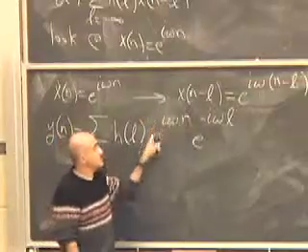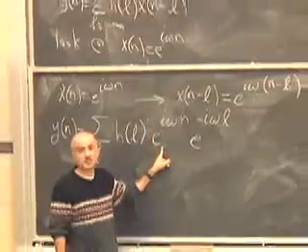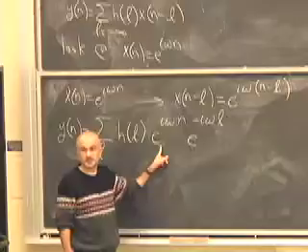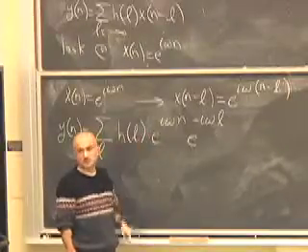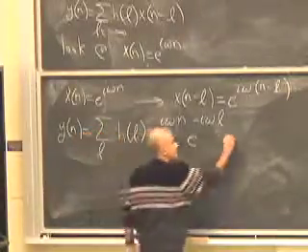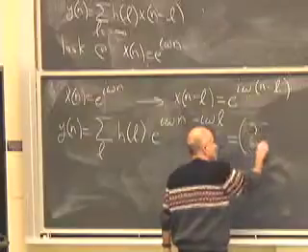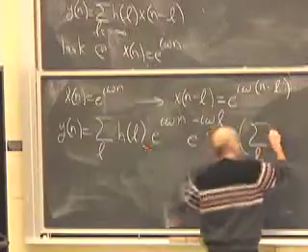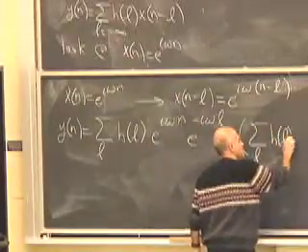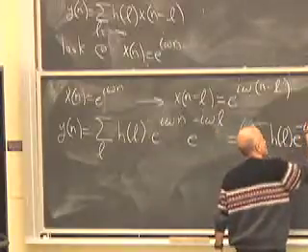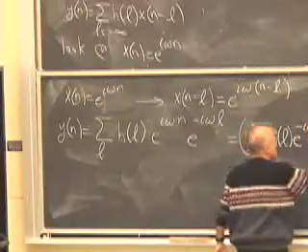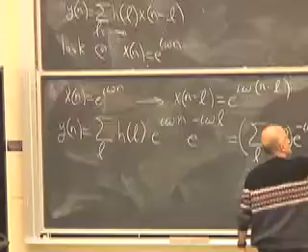This is a function of n and omega. It has no dependence on L, Larry. So I can pull it out. So what's inside the summation is h of L, e to the minus I omega L, this whole thing times e to the I omega n.